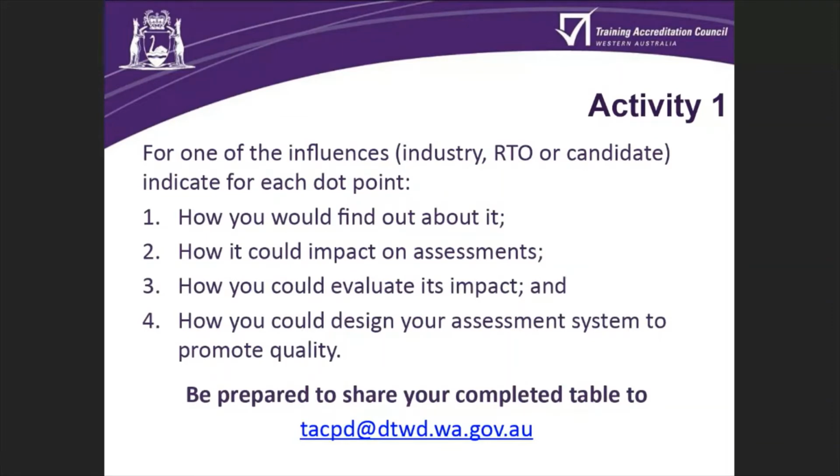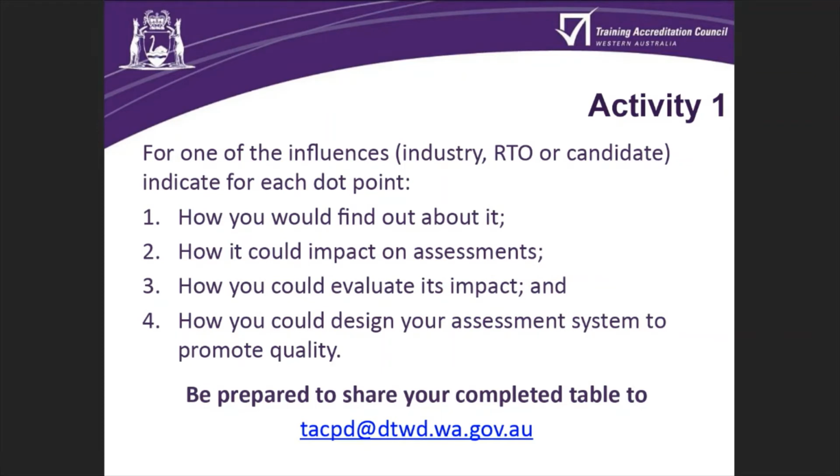But we basically want you to reflect on how you would find out about the impact of a candidate characteristic. How would you find out if they had a disability? How would you find out if they had language, literacy and numeracy issues? How would you find out what industry requirements were? Those sorts of things. How that knowledge could then impact on assessments. What sort of impact will that awareness have on the choices you make for assessing the unit of competency?